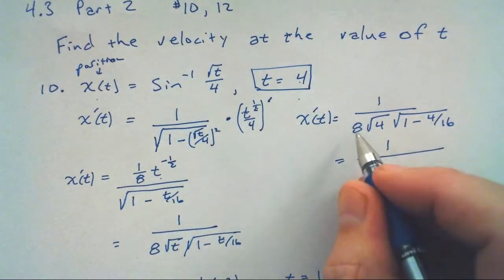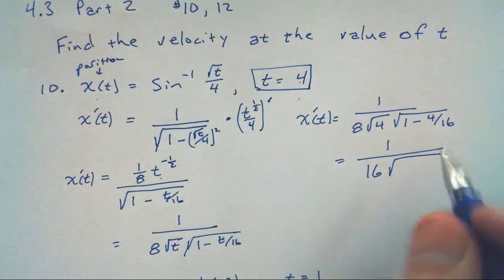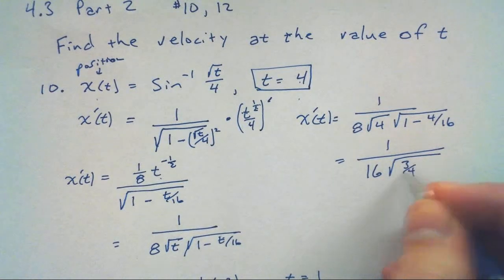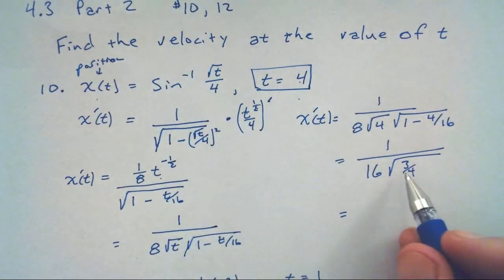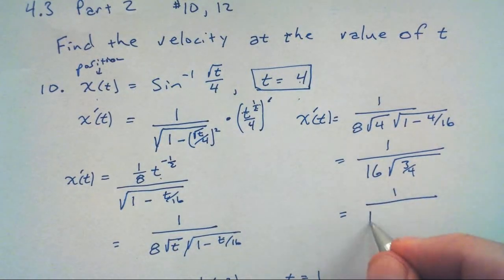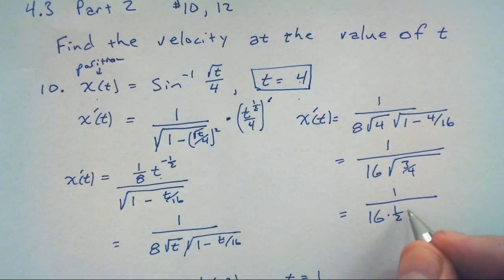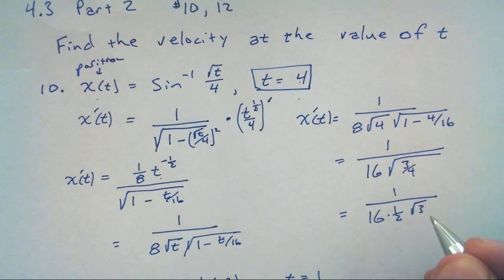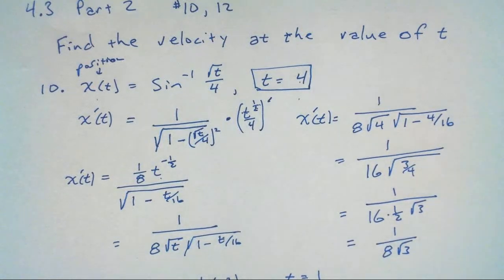Or 1 on 8 times root 4 is 16 times square root of, this is 1/4 of 3/4, or let's see, 1 on 16, the square root of 1/4 is 1/2, leaving square root of 3 trapped in here, and I get 1/8 root 3 as my velocity.